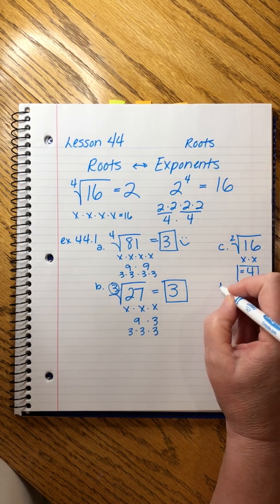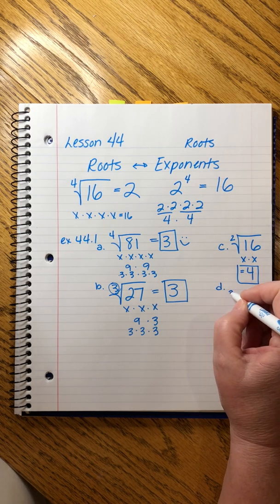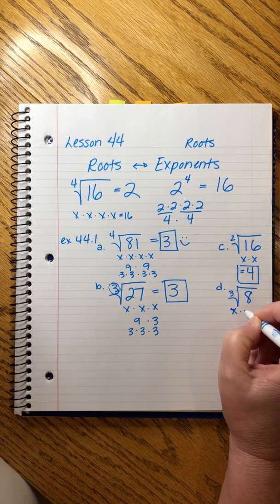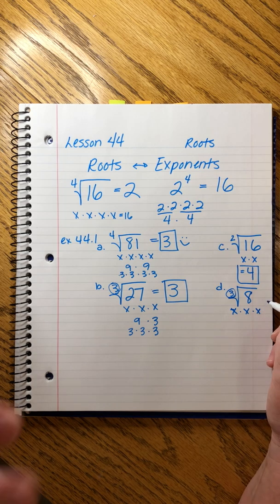And then here comes the last one. This is the 5th root of 32. Oh no, I'm sorry, I'm looking at the wrong part of the book. 3rd root of 8. So that's a number multiplied by itself 3 times. It gives us 8. Well, it must be pretty small.